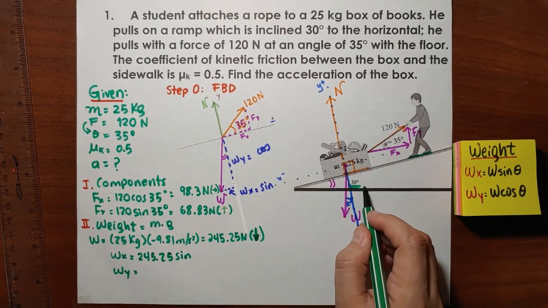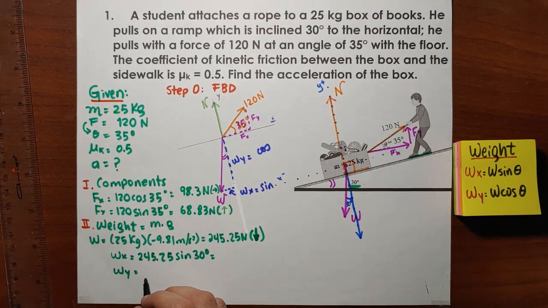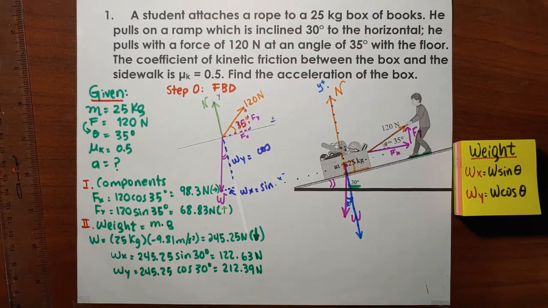Of my ramp, okay? And this one, also of my ramp. Get this on your calculator. Okay, I got 122.63 and 212.39.